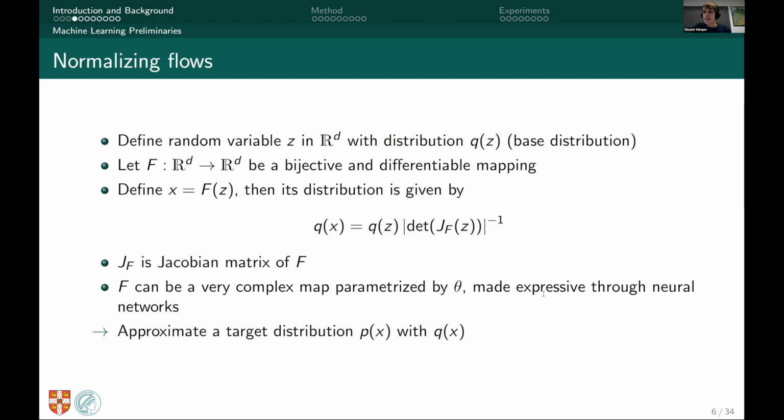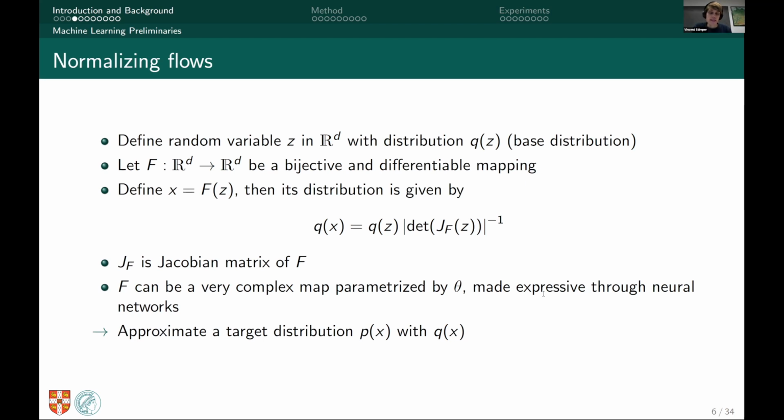If we apply this mapping to our random variable z, then we obtain a new random variable x. The distribution of this random variable x can be computed by the so-called change of variables formula, which is given on the slide. Here, this term J_f is the Jacobian matrix of our bijective mapping, which is the matrix of the derivatives with respect to all the components.